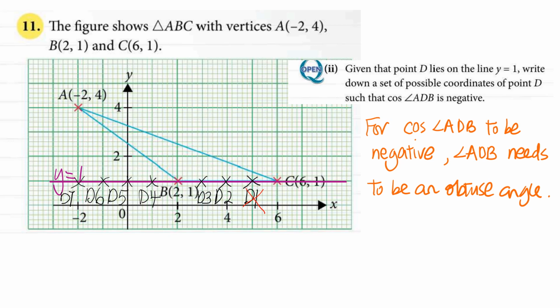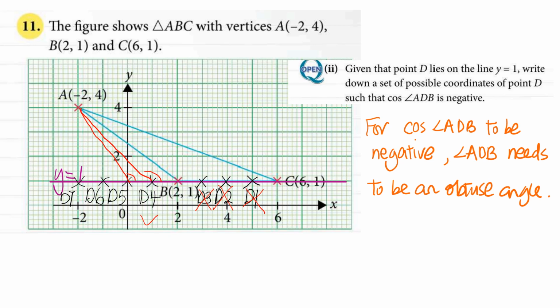You go on to look at point D2, that will not be obtuse. D3 also. However, if you look at point D4, you see that angle AD4B is clearly an obtuse angle. So D4 is one possible position. How about D5? Yes, it's also one possible position.